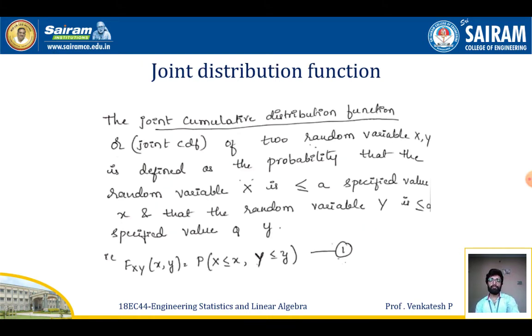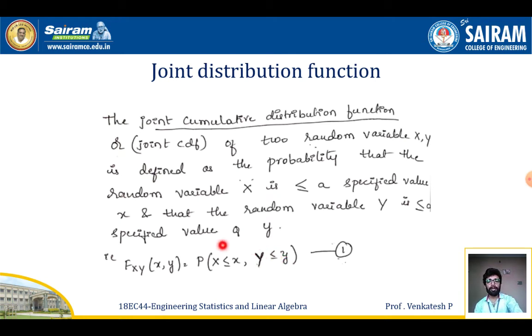Joint distribution function. The joint cumulative distribution function, or joint CDF, of two random variables capital X and capital Y is defined as the probability that the random variable capital X is less than or equal to a specified real number small x, and also that the random variable capital Y is less than or equal to a specified real number small y. It is denoted by capital F of small x comma small y, where these are real numbers with respect to the random variables X and Y. It is given by F(x, y) = P(X ≤ x, Y ≤ y).